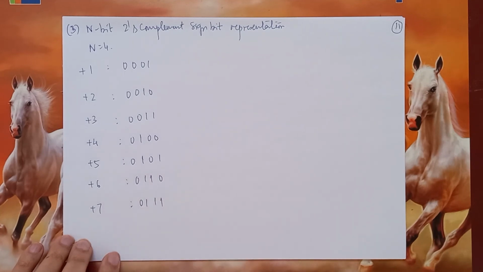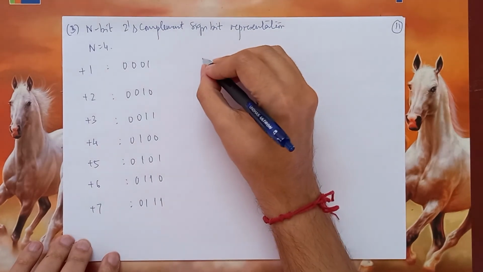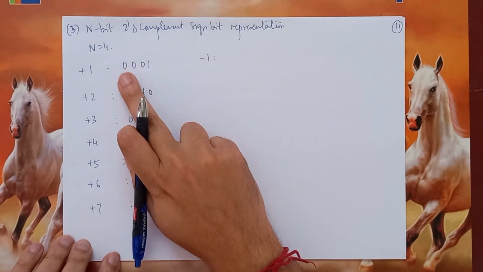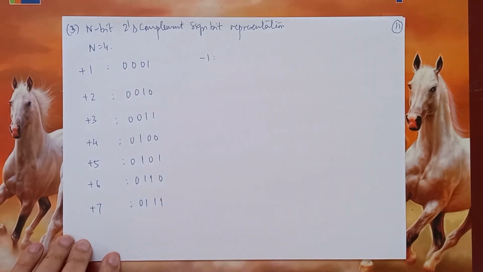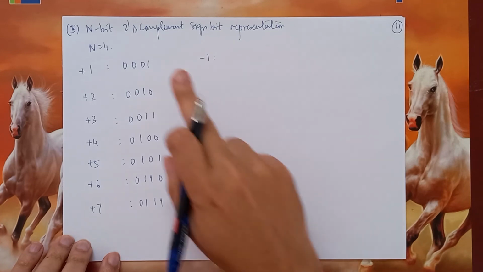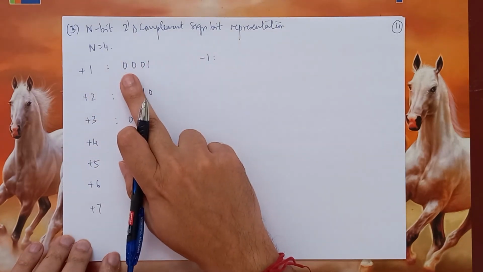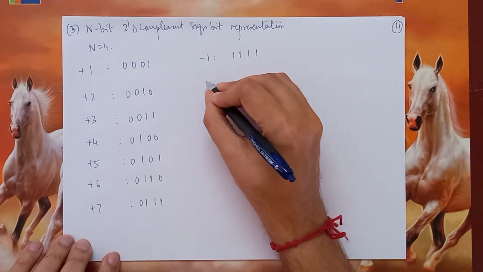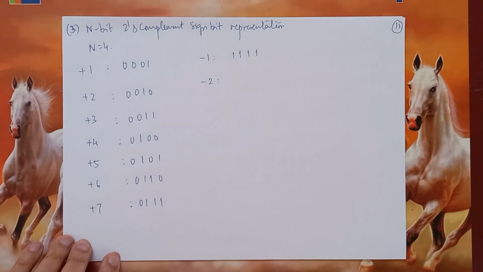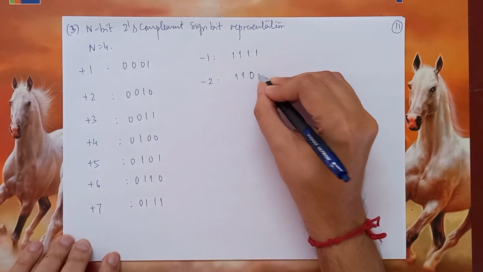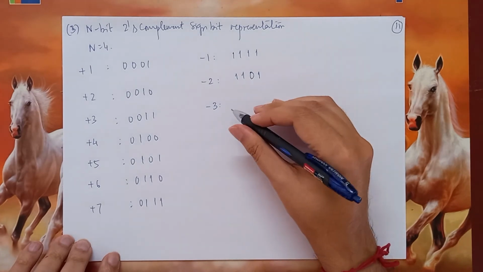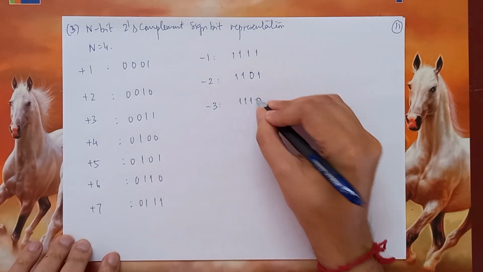So far it is the same. Now let us write -1. All you need to do is take the 2's complement of this. So -1 is the 2's complement of +1. So 1's complement is 1110, so this will be 1111. -2 will be 1110. -3 will be 1101.